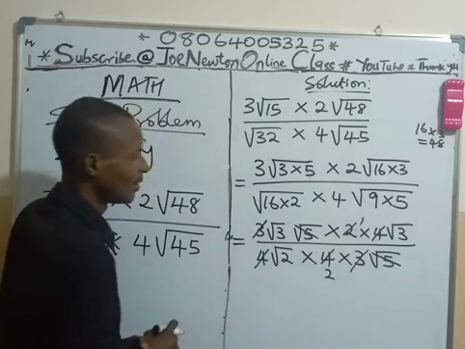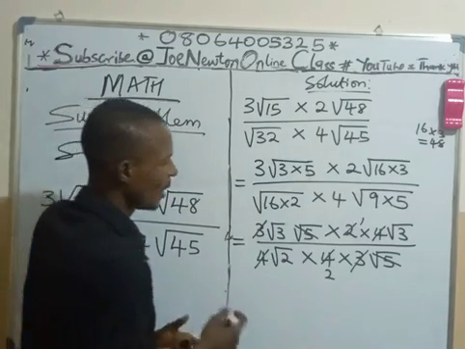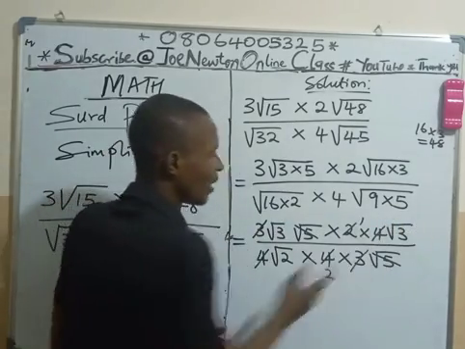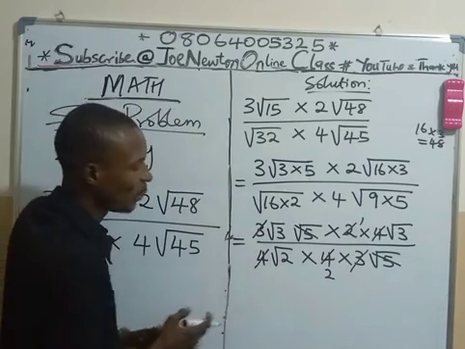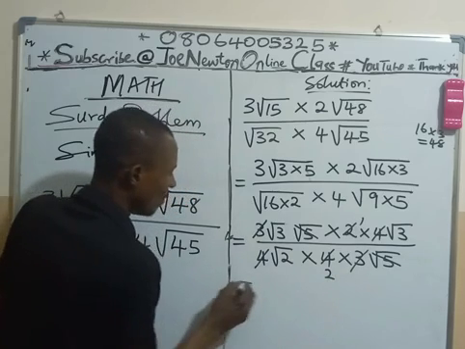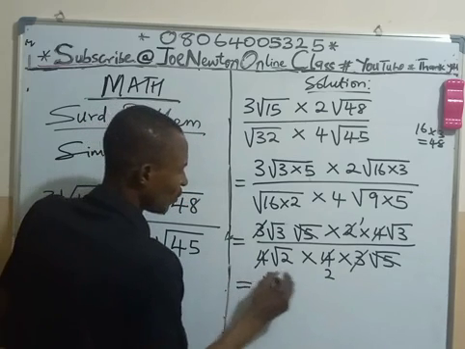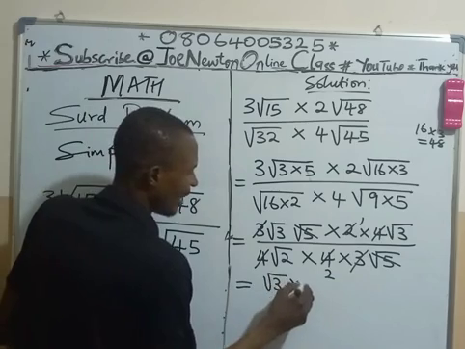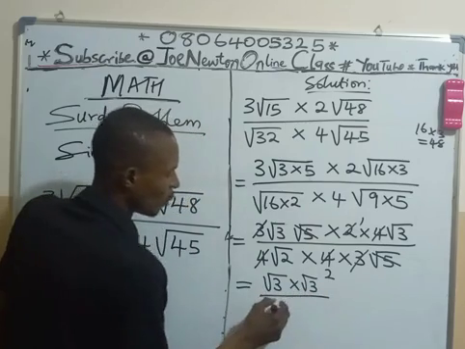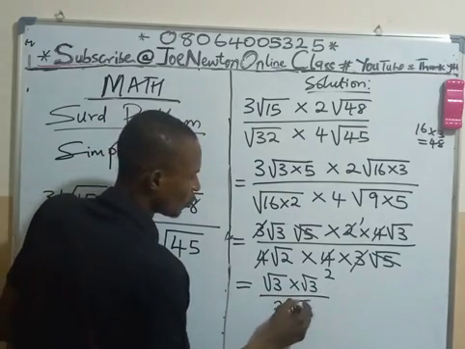You see it? Then what do we have again? We have root 3 times root 3 at the numerator, and down here we are left with root 2 times 2. That will be equal to root 3 times root 3 all over 2 root 2.